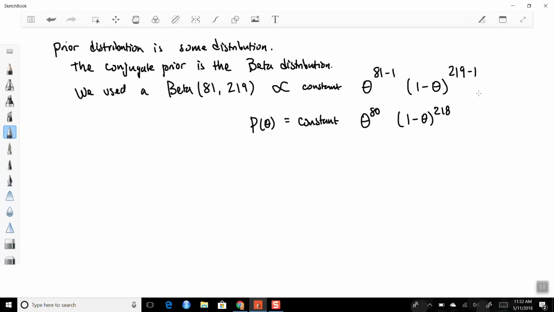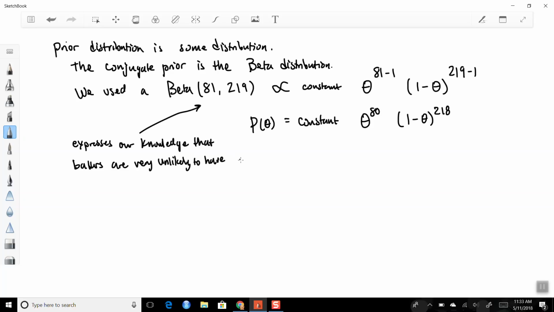Okay. And this beta 81-219 just expresses our knowledge of baseball, that batters are very unlikely to have thetas over like 0.4 or thetas less than 0.2.